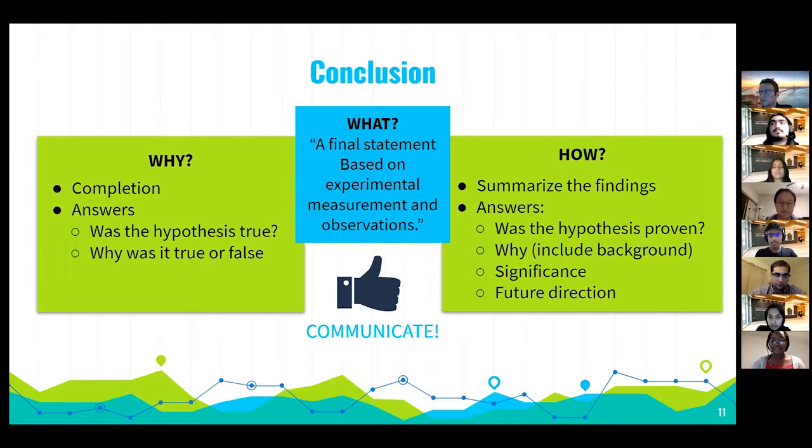Why did you want to know what can make flowers grow? And then you can talk about future directions, what you plan to find out, what questions you have gotten from the results that you've already generated, and what you plan to do in the future to get more knowledge on the topic that you were researching. And then once you have the conclusion, you can communicate your research and your findings to other people in the science community.